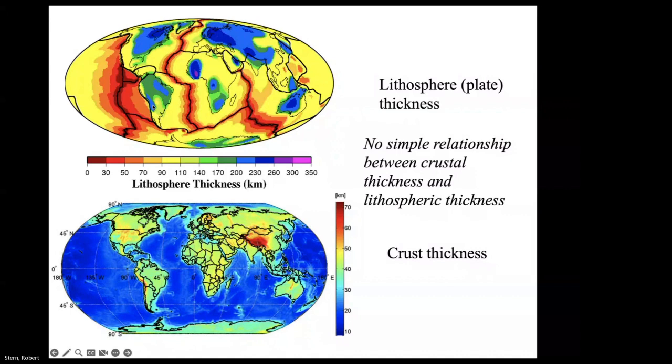There's really no relationship between the crustal thickness and lithospheric thickness, which is confusing to students, or should be, but it is one way to make an additional point about the difference between compositional layers and rheological layers. This is a rheological layering. This is a compositional layer.